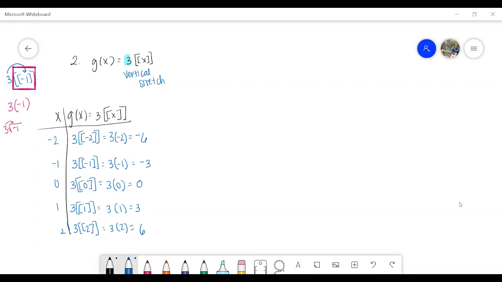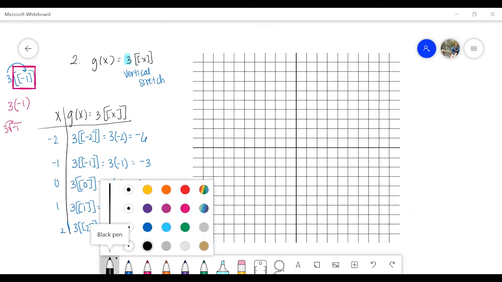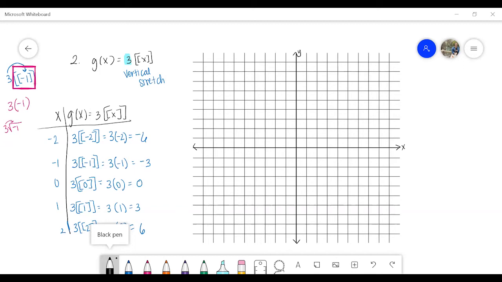So as we go to graph these, again, let's start with just these points. We'll know it's not a linear function. We'll know we need to go back and kind of fill in what's going on. So at -2, I'm going to only do my spacing by 1 this time because I have to go up to 6 and down to 6. I want to make sure I have room.